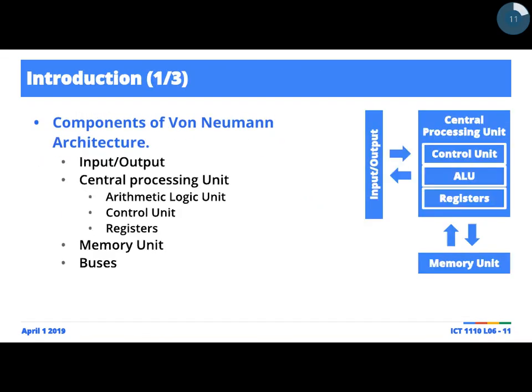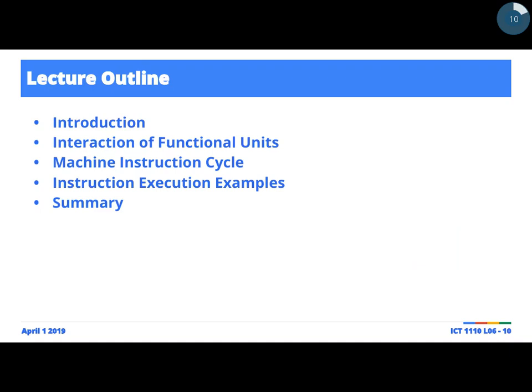So on with it. Our lecture series is as follows. A brief introduction to remind us of the link between the von Neumann architecture and what we're going to talk about, mostly focused on the interaction between the functional units: the ALU, control unit, input unit, output unit, and the memory unit.